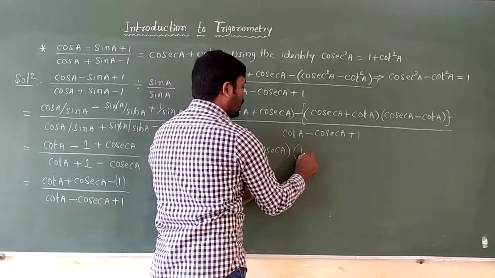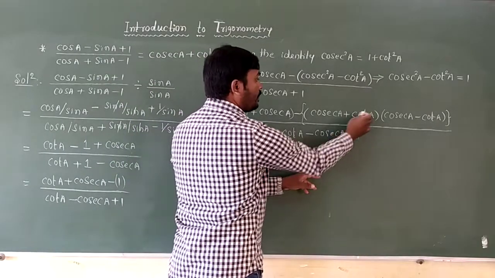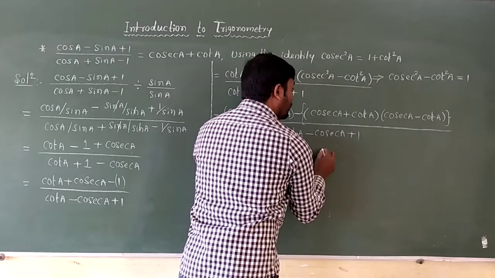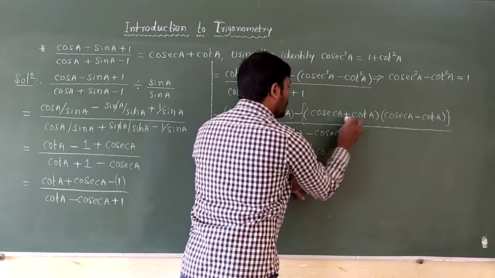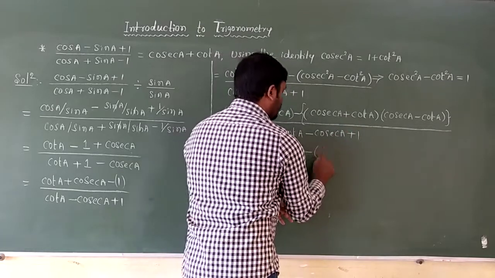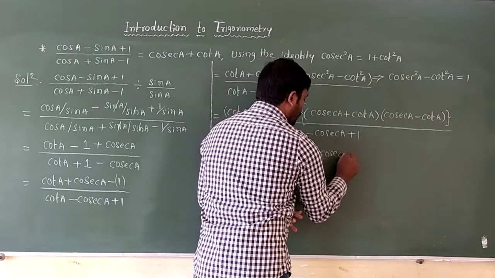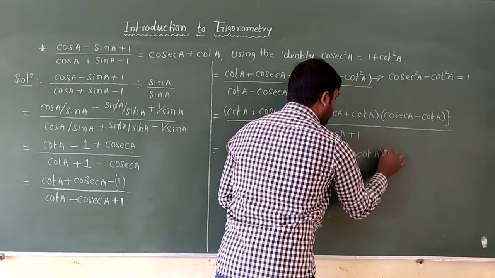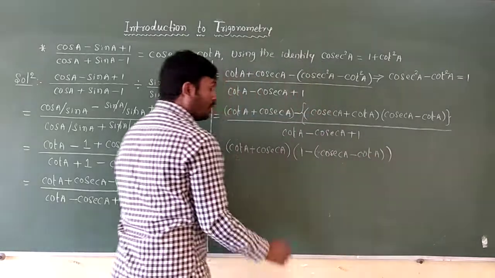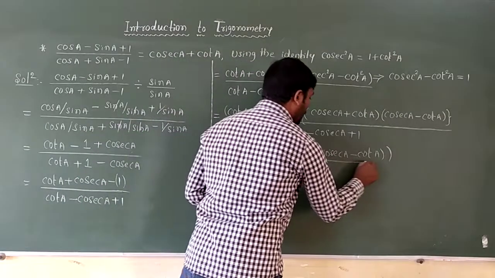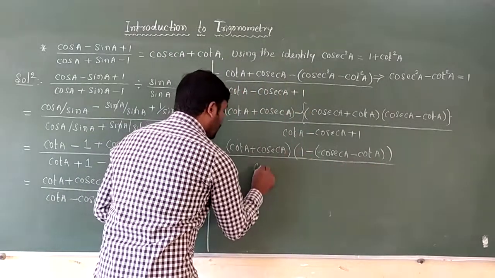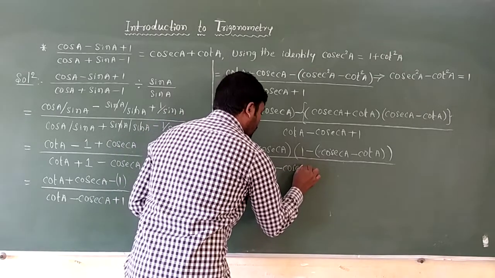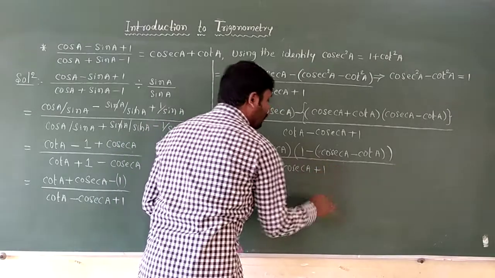Here it is left 1 minus, what is left there? Cosec A minus cot A. This is what is left, whole divided by cot A minus cosec A plus 1.